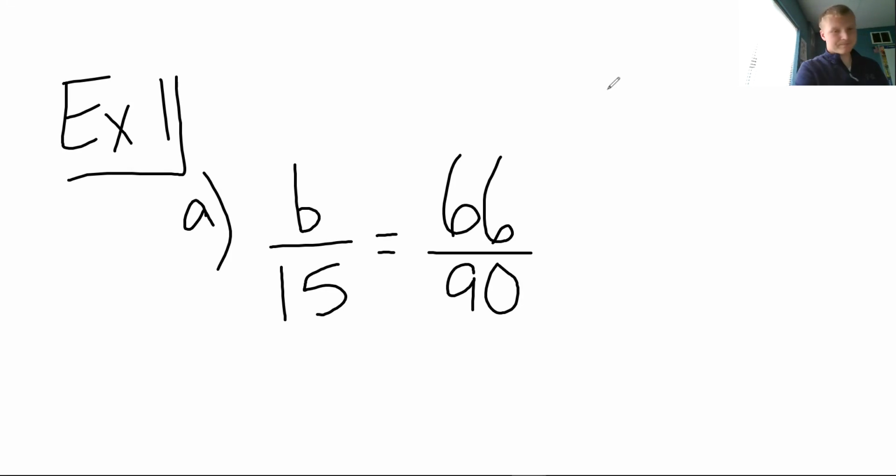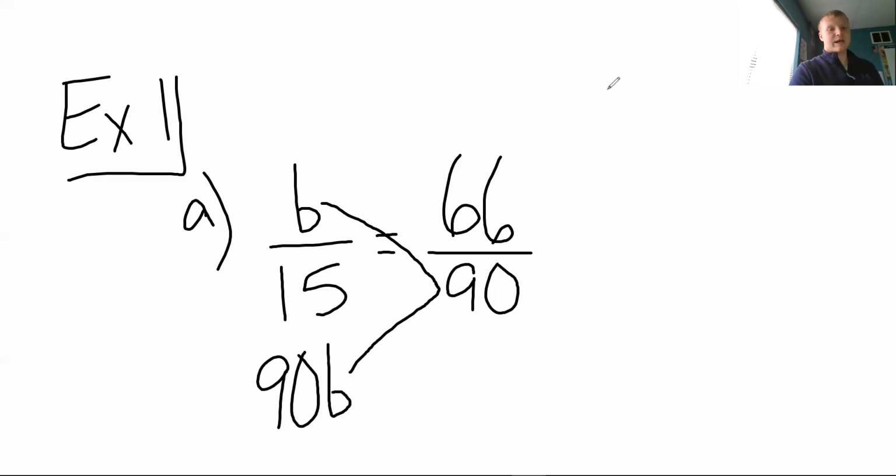So I mainly want you guys to learn how to do the process more than the multiplication and division with these. So what we're going to do is B times 90, which would be 90B, and then 66 times 15, which is going to be 990.